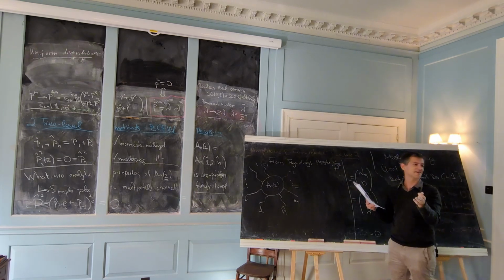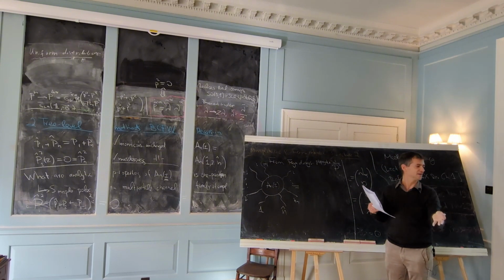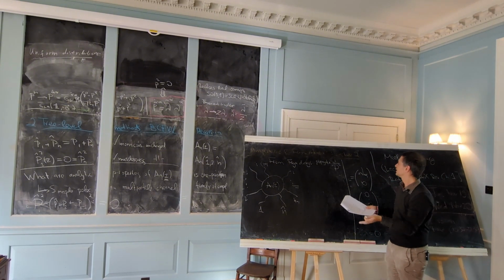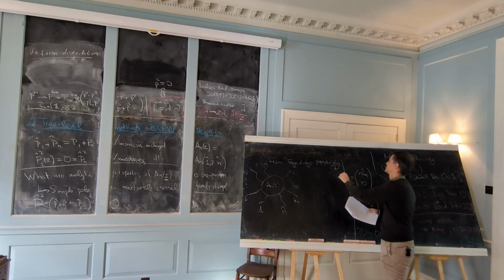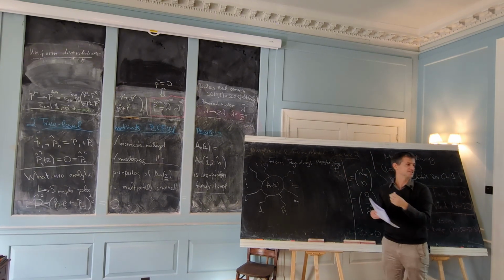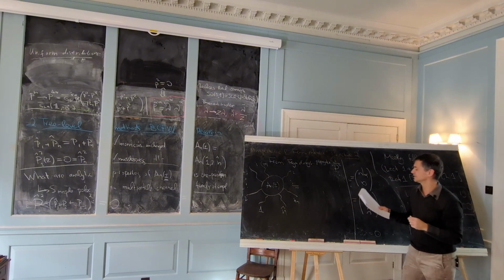Since it's a tree-level graph, there are no loops, so it will really be a sum of external momenta. And it can happen that the external momenta align themselves such that this thing vanishes. This is where the tree-level amplitude has some singularity.